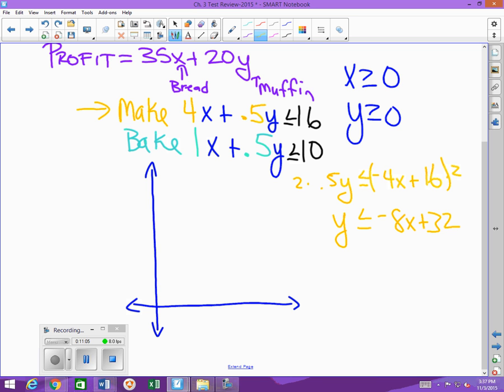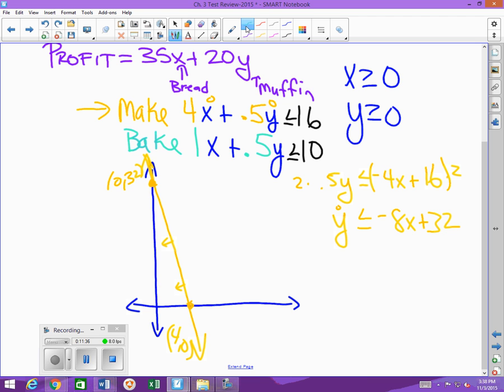So then we would go up to 32 and down 8 and over 1, so our line would be going like that. This coordinate right here is 0, 32. This one down here would be 4, 0, because if you put 0 for y and solve that, you would get 4. And so it's figuring out the side to shade. If you put 0, 0 in, it is true, so we're going to shade that way.